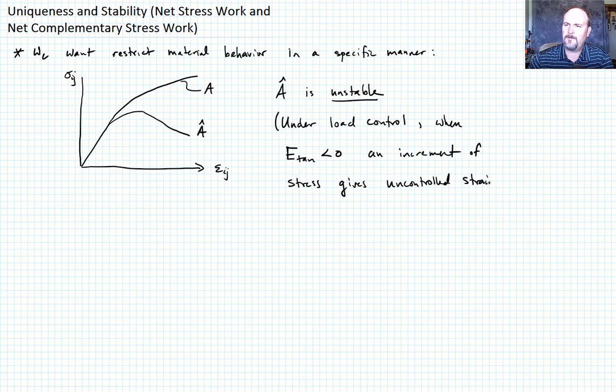Okay? So that's what we're trying to eliminate. We need to know what sort of criterion would eliminate that class of material generally.